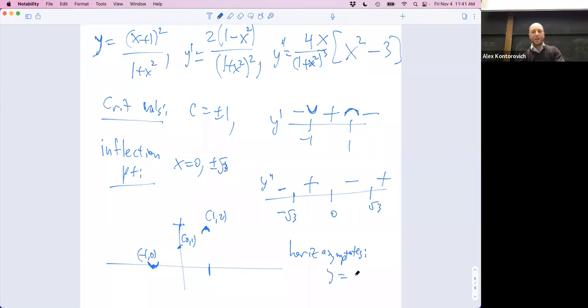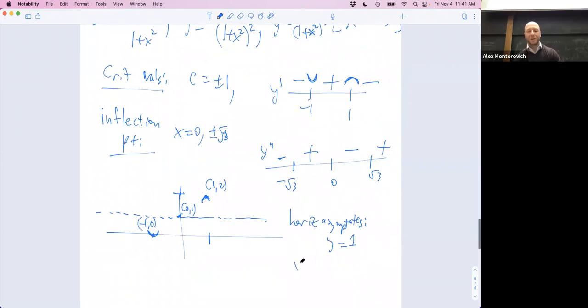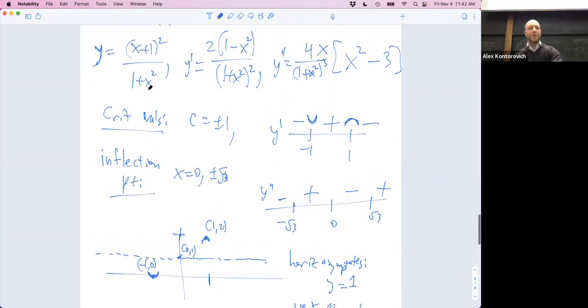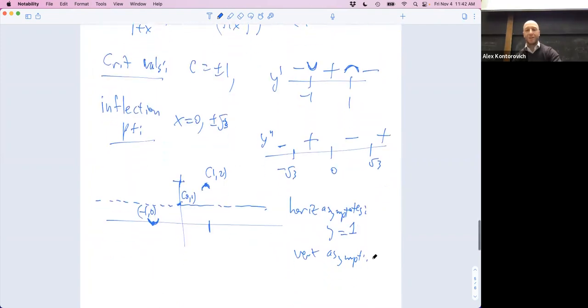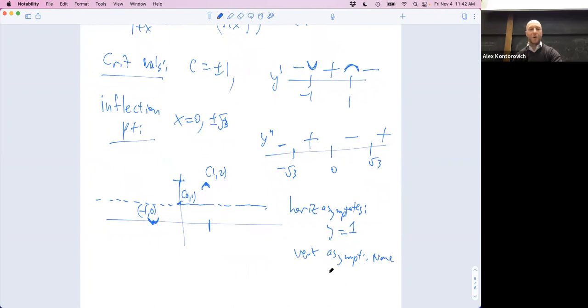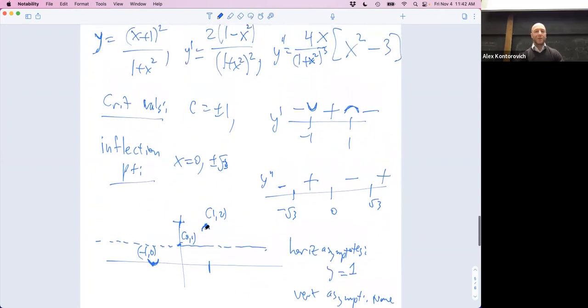So y equals 1 is a horizontal asymptote in both directions. What about vertical asymptotes? When is the denominator equal to 0? Never. It's always positive. So none.